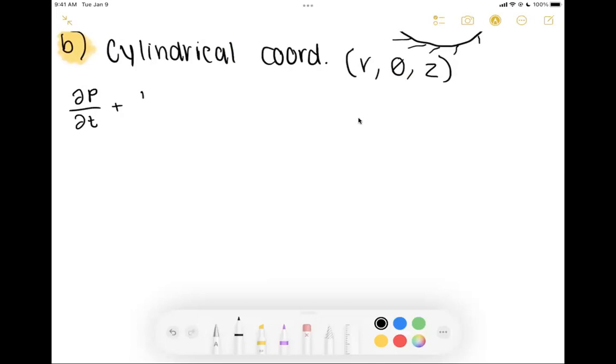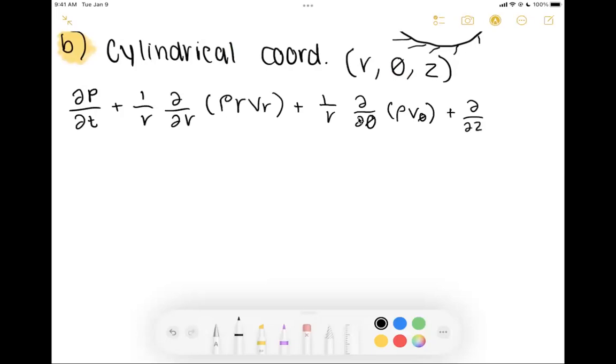So we have plus 1 over R, partial of R times v_r, with respect to R, plus 1 over R, partial of v_theta with respect to theta. Let's see. Oops. That's all equal to 0.